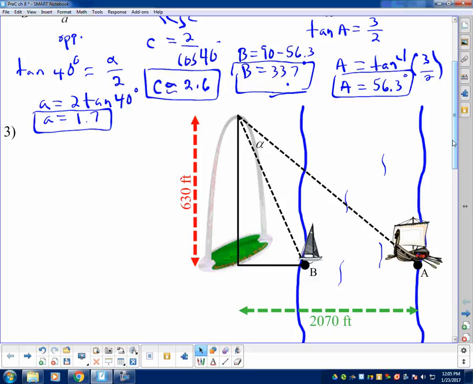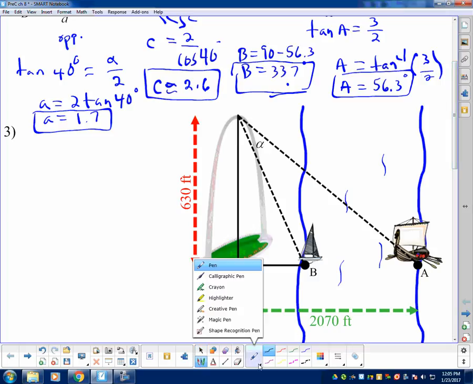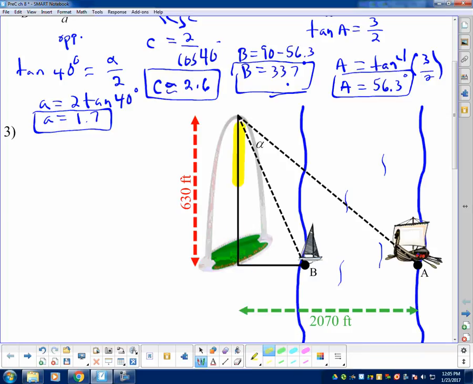And so on this one, what you have to do is a little bit of work with this entire right triangle, which I'll highlight right here. Do you see that?